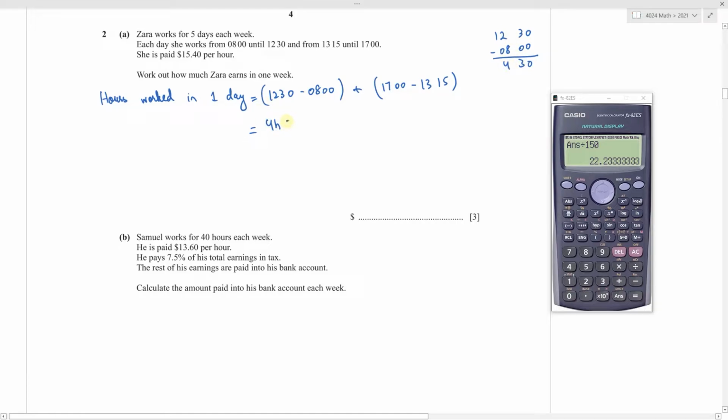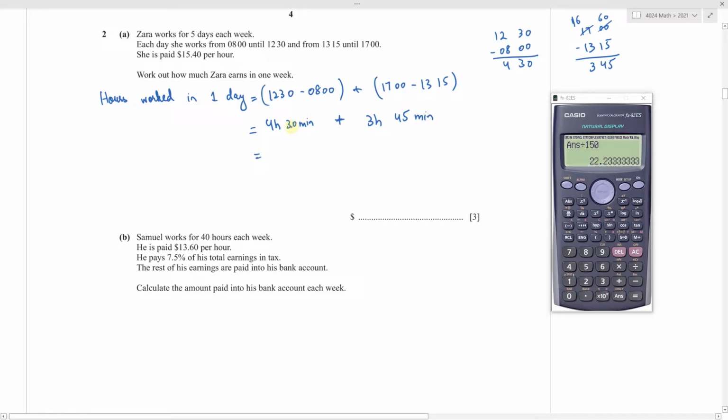So this is 4 hours and 30 minutes plus 1700 minus 1315. So this time I'll have to take a carry. So this will be 16 and I'll take 60 minutes here. So 60 minus 15 is 45 and 16 minus 13 is 3. So this is 3 hours and 45 minutes.